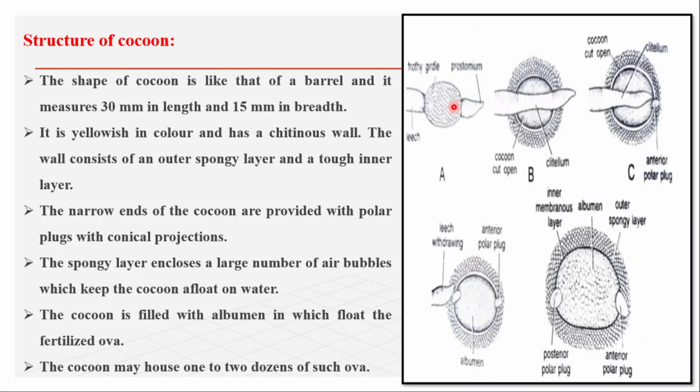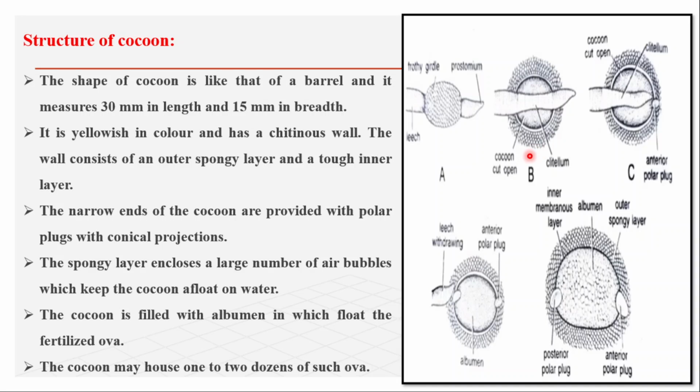In these segments, the cells of clitellum secrete a frothy girdle, a foam-like secretion around the clitellar region. So it is seen like a bubble or foam-like structure here.